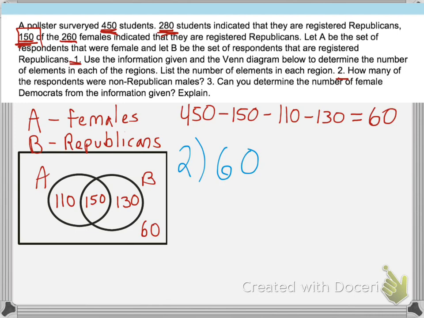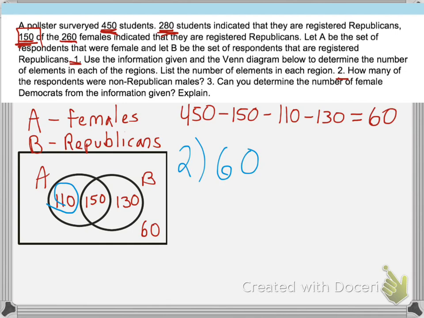Question number 3 asks us, can we determine the number of female Democrats? Well, circle A gives us the number of females, and they're calling them Democrats. A lot of people might jump to the conclusion it's 110. That 110 is the number of females that are not Republicans.